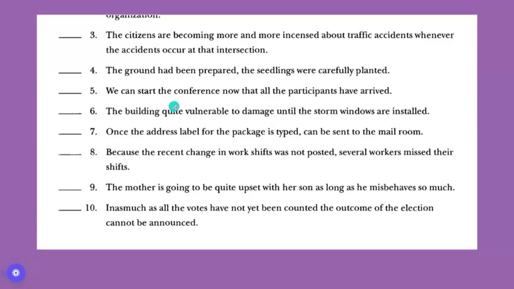Does it have subject and verb on both sides? Correct. Look, let's look at the first part of the clause, before until. It says, the building quite vulnerable to damage. Do you see any verbs, subject and verb here?